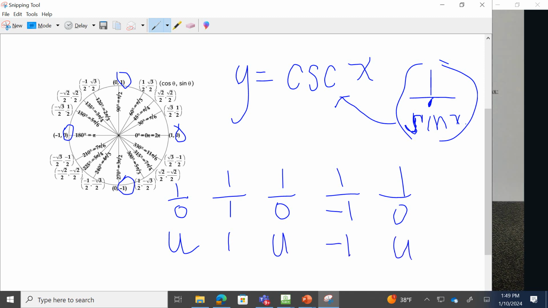Now I need to find a value in this first quadrant where I can easily take the reciprocal of the sine to get an output for the cosecant. So let's look at those sines. The easiest one to do is 1 over 2. So the reciprocal of 1 over 2 is 2. Now between this output of 1 and undefined, again, I'm able to find a reciprocal. Sorry, I did the wrong one here.